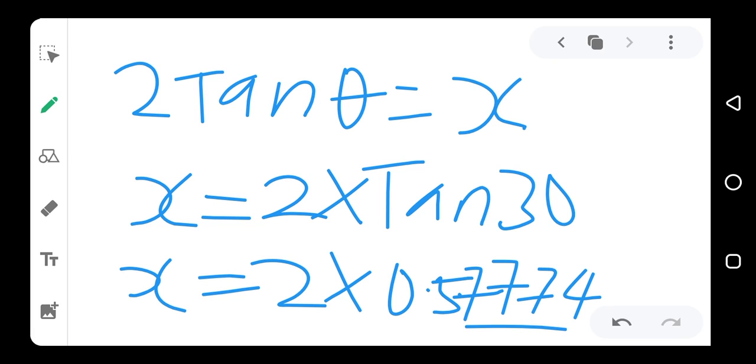So we have 2 times 0.5774. When we multiply these two, x is therefore equal to 1.155.